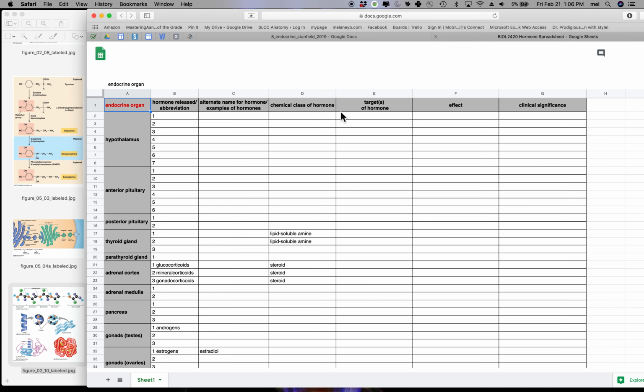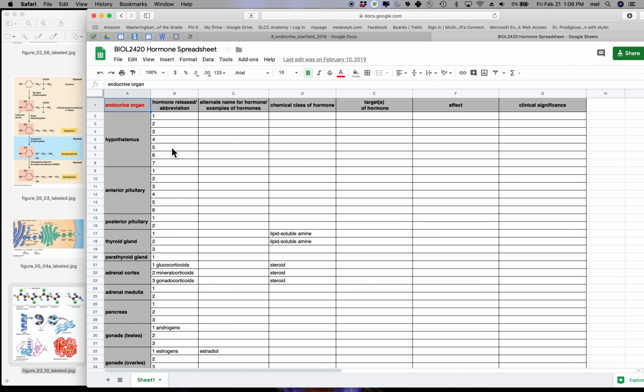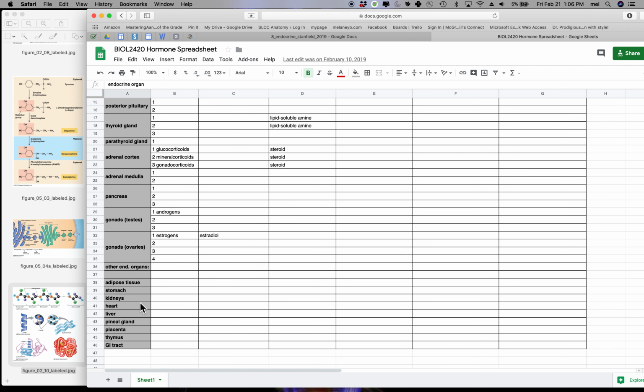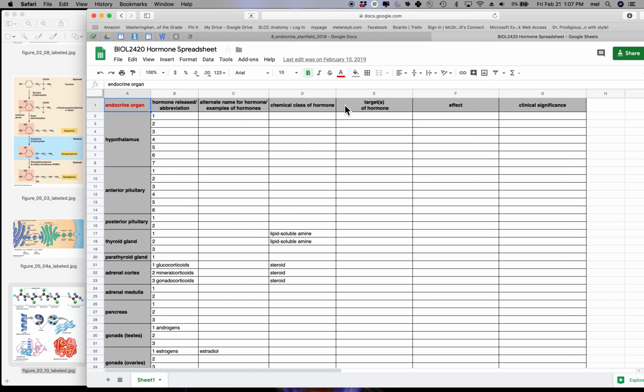Just FYI, when you look at this table, you are responsible for all of this, but the other endocrine organs down here, I don't test over those yet. I just put them here because we will learn more hormones as we go through the rest of the semester, and you'll have a place to put them. But basically, all of this is stuff that's going to be in your notes. So it's not like you have to go look for it anywhere else.